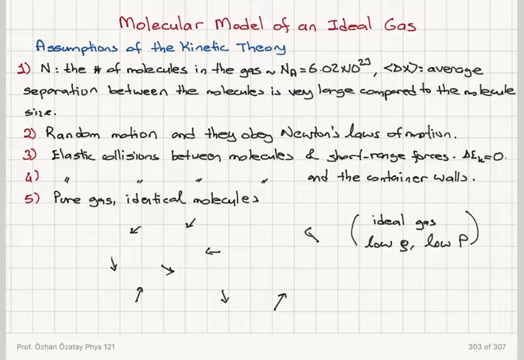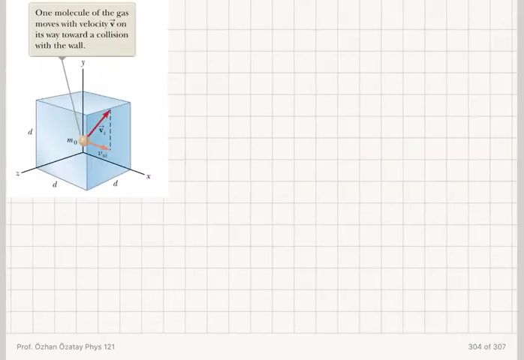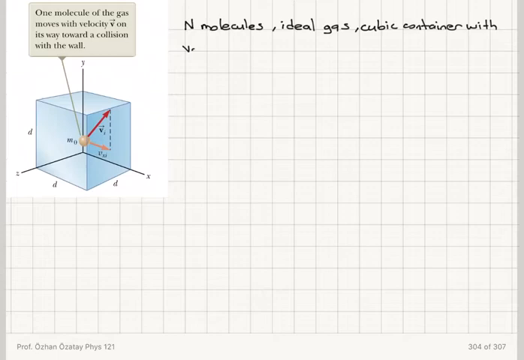Alright, so let's start trying to calculate the pressure of the gas exerted on the walls of a container. So let's say that I have N molecules of an ideal gas in a cubic container of volume V, that's equal to d cubed, because the side of this cube is d.